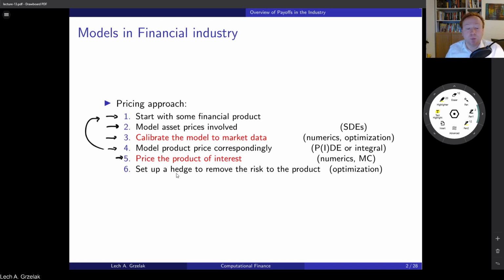And finally, we have to set up a hedge. This is related to our talk about the P&L calculations, where you want to express the exotic derivative of interest in terms of simple hedging instruments.